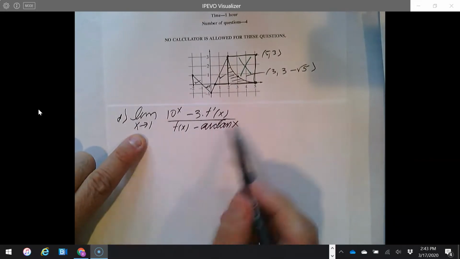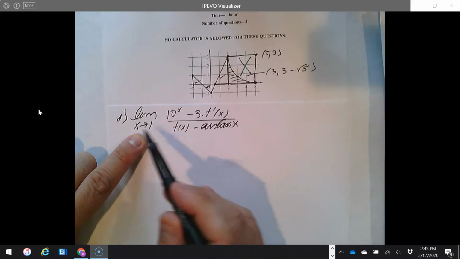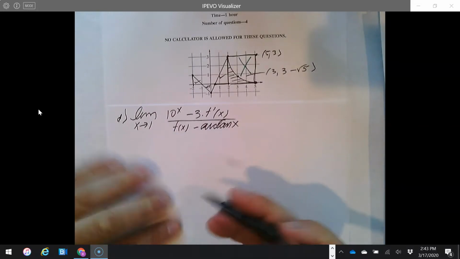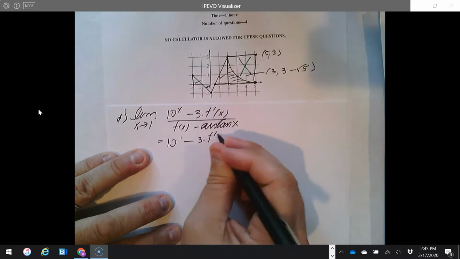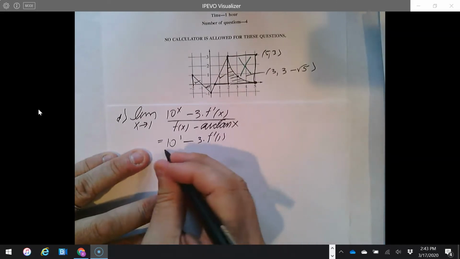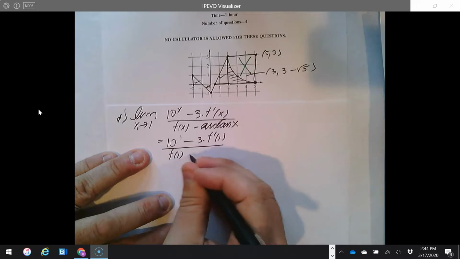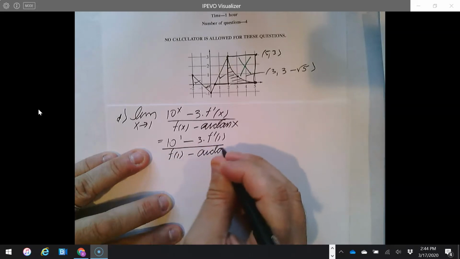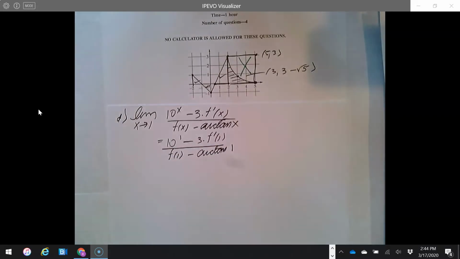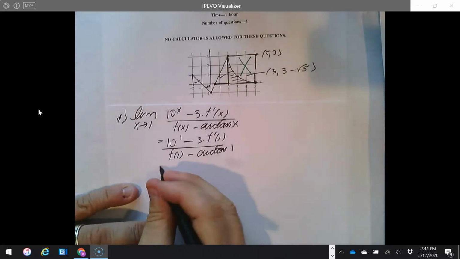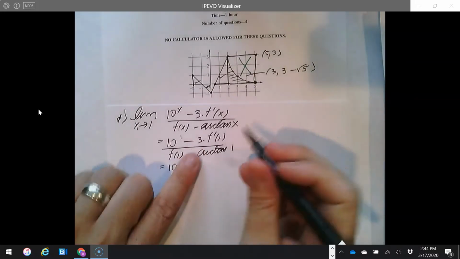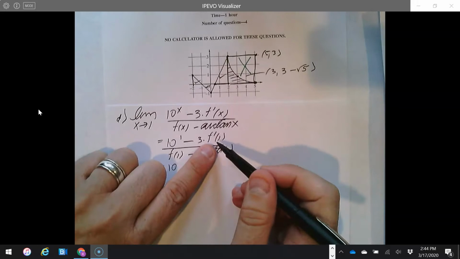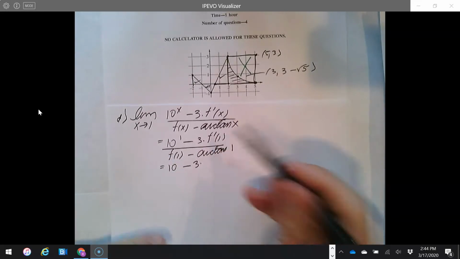What happens with this function here if I evaluate it at 1? I'm going to get 10 to the first minus 3 times f prime of 1 over f of 1 minus arctan of 1. Now that may not make any sense yet, but let's keep cleaning this up. 10 to the first power is 10 minus 3 times f prime of 1.